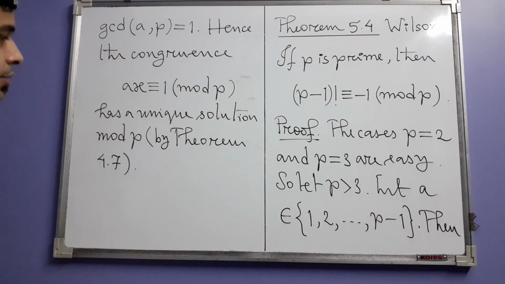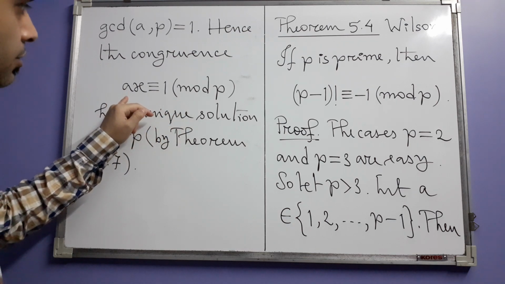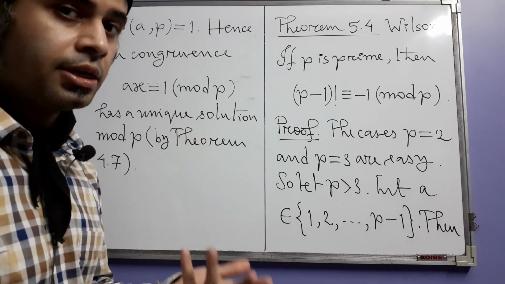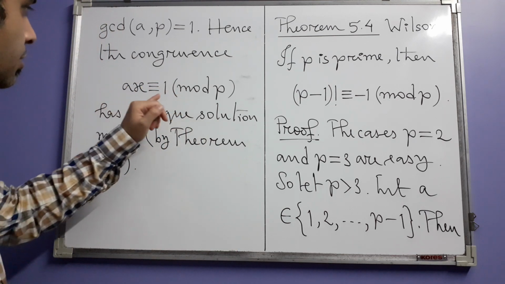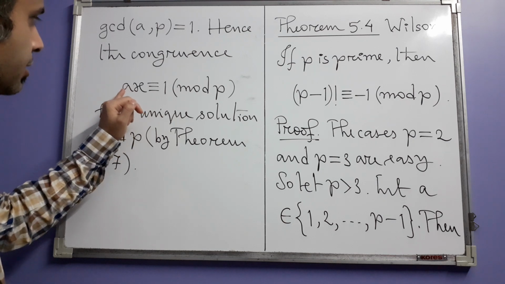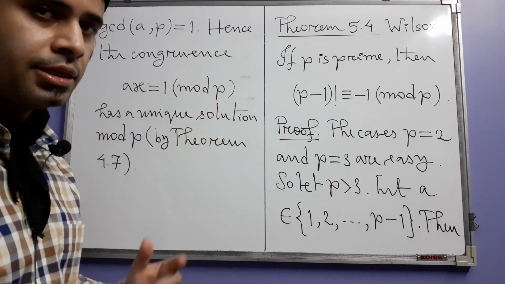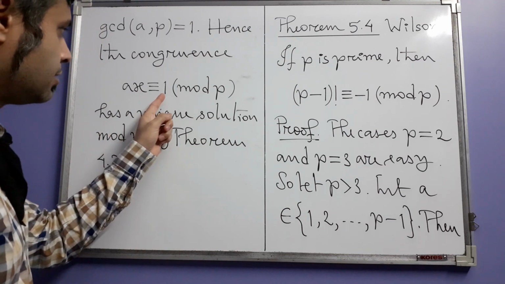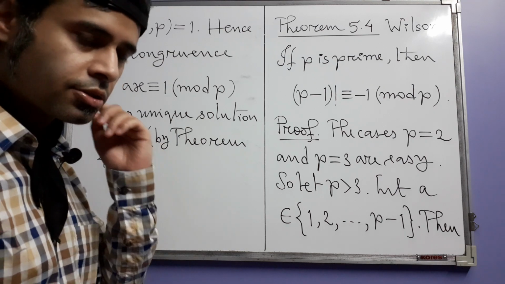You remember the theory of linear congruences, whenever you have a linear congruence like this, you first calculate the GCD of the coefficient and the modulus, in this case A and P. If that GCD divides this other number, then only there exists a solution.